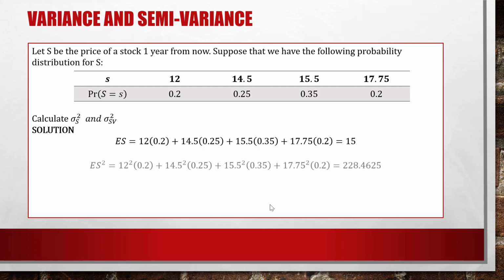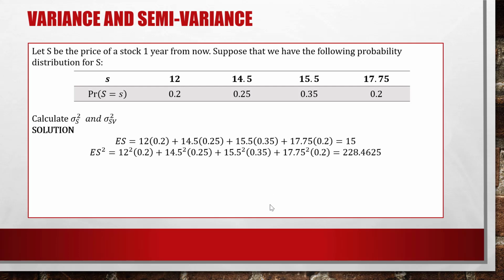Okay. Next, ES squared: 12 squared times 0.2 plus 14.5 squared times 0.25 plus 15.5 squared times 0.35 plus 17.75 squared times 0.2, and we got 228.4625. So we got ES and ES squared.